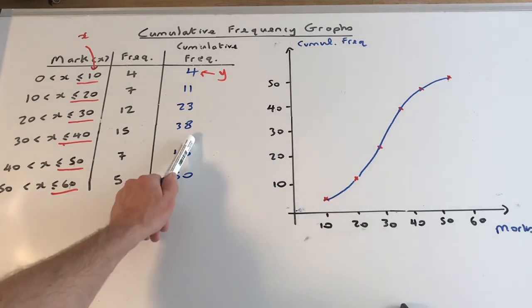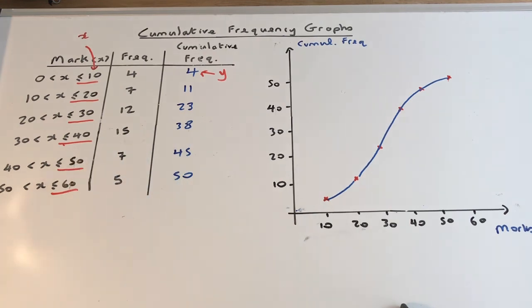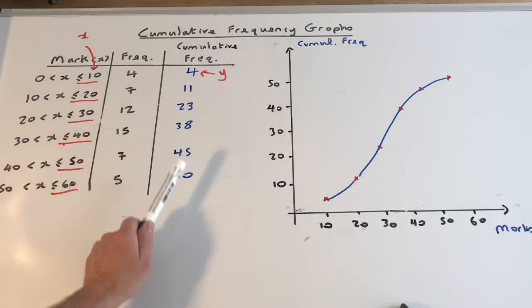So 38 scored less than or equal to 40, 45 scored less than or equal to 50, and so on. Cumulative frequency always goes vertically. Whatever the other quantity is that you're measuring, like marks, or if this was weight or time, goes horizontally. The scales have to fit the full range of numbers. Here it's got to go to 50.